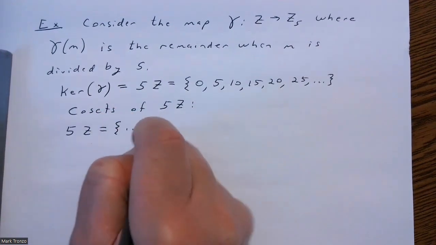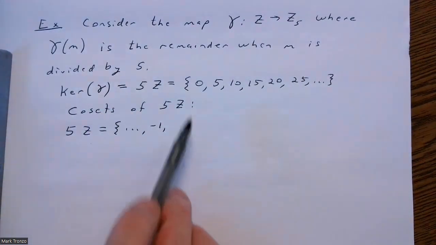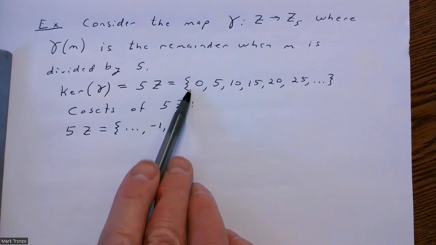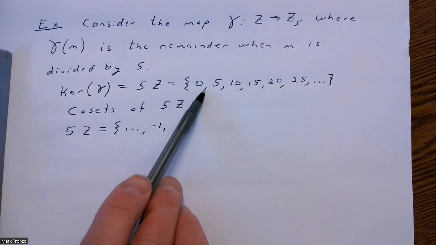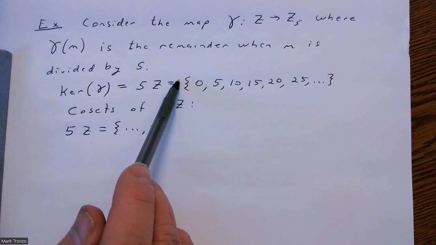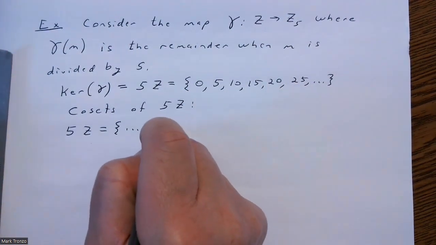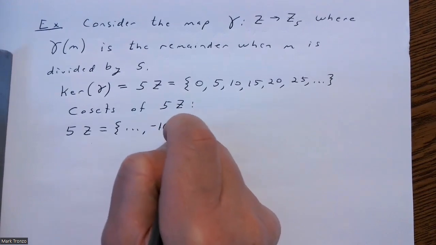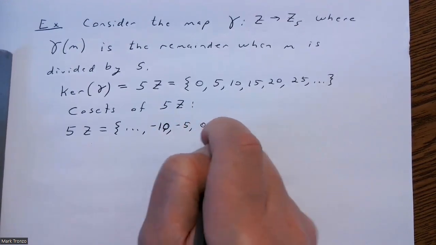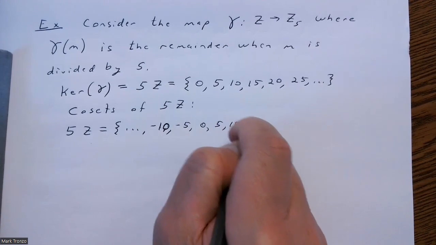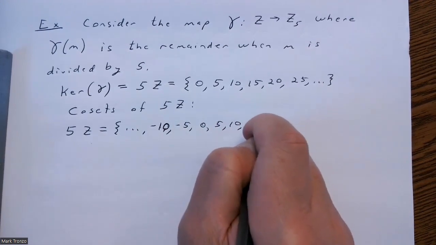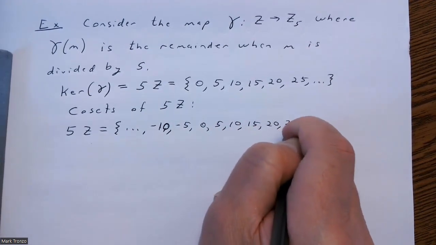It's a little bit misleading that I started at 0 here. This would actually go back into negative infinity. So the first coset would be negative 10, negative 5, 0, 5, 10, 15, 20, and forever and ever.